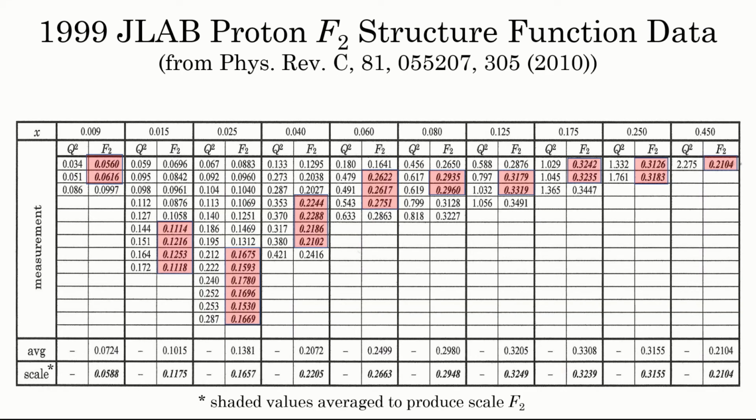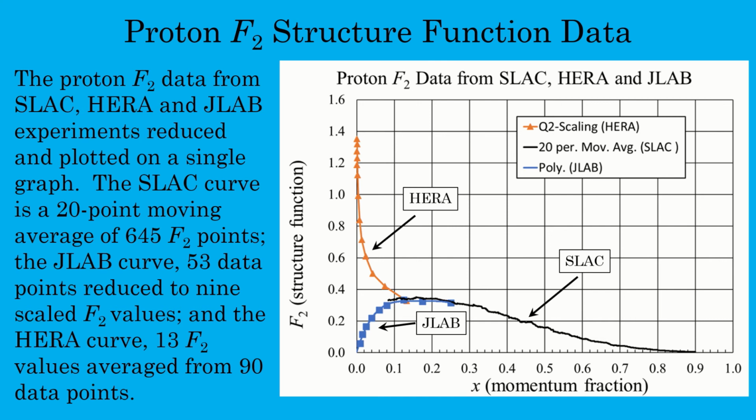This table shows the raw JLab F2 data for a given x, the average F2 value for that x, and a crude attempt to extract scaled F2 values for each x using the raw data in bold italics for the x. When the JLab and HERA values are combined with the SLAC data, they produce a curve like this.